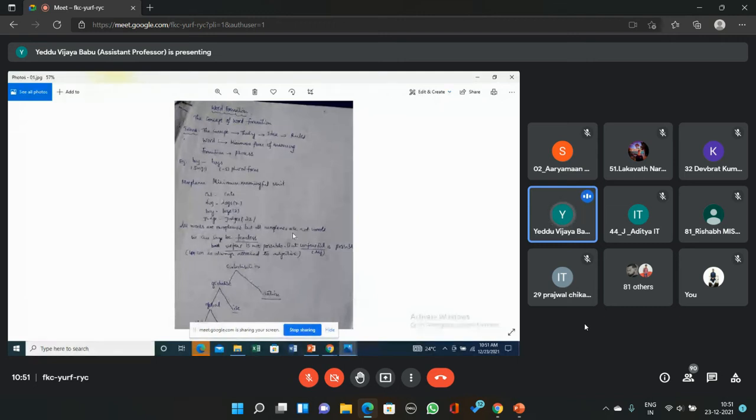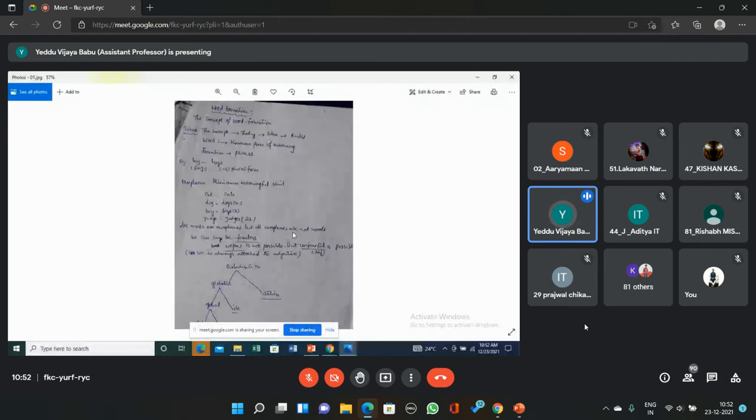Now again, we look at these eight parts of speech. One, the noun. Noun is a part of speech that represents the names of persons, places, and things.